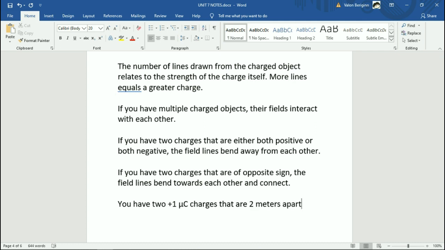Okay, they're 2 meters apart, and then find the electric field strength halfway between them. Okay.